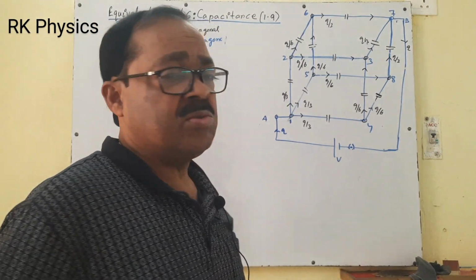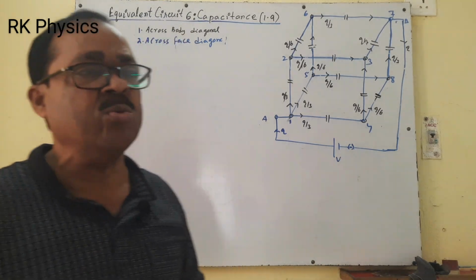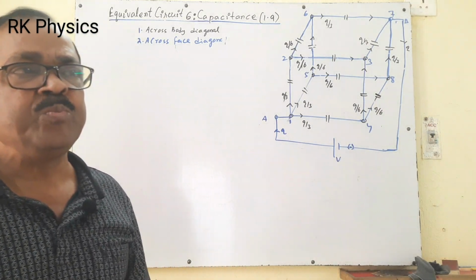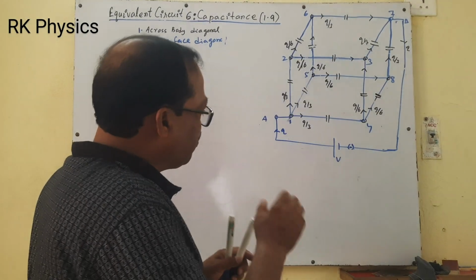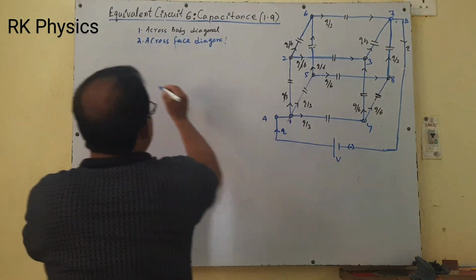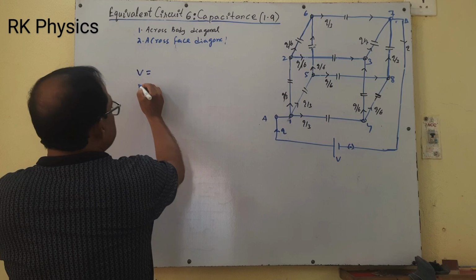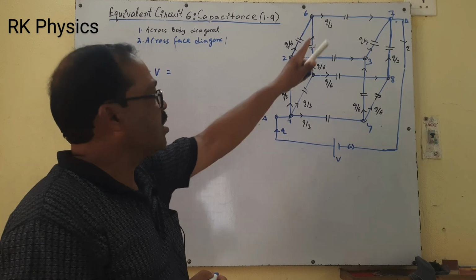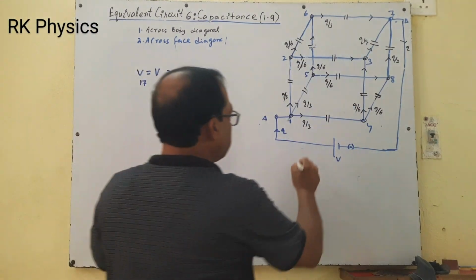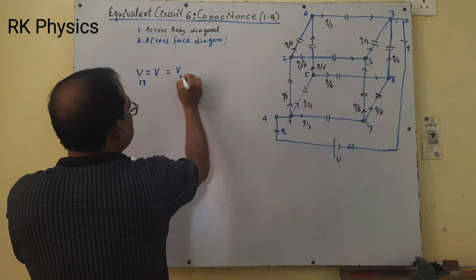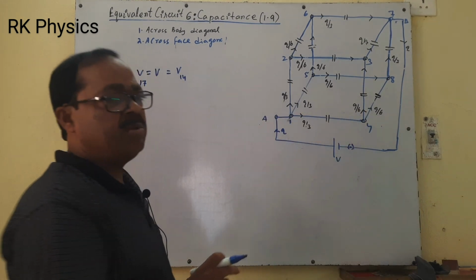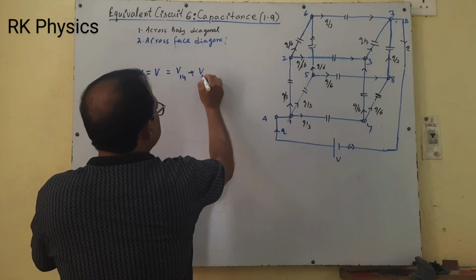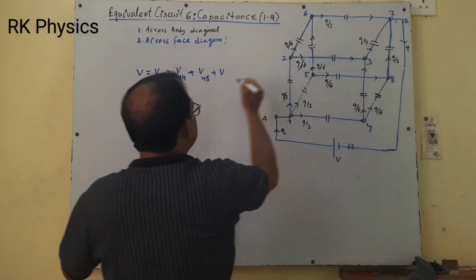If you take the charge distribution into account, start from point 1 and reach point 7. Suppose I take V from 1 to 7, that is our potential. From 1 to 7 you go through the branch first, V14, 1 to 4, then 4 to 8 plus V48, and finally 8 to 7.